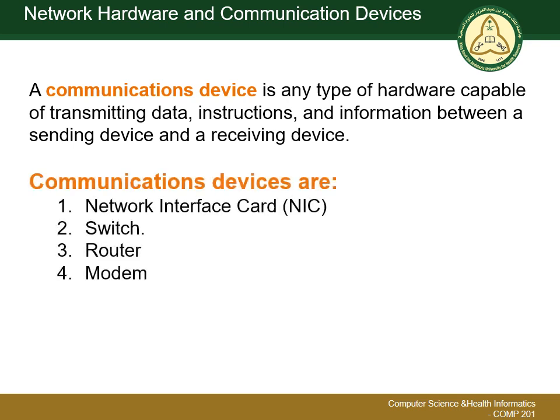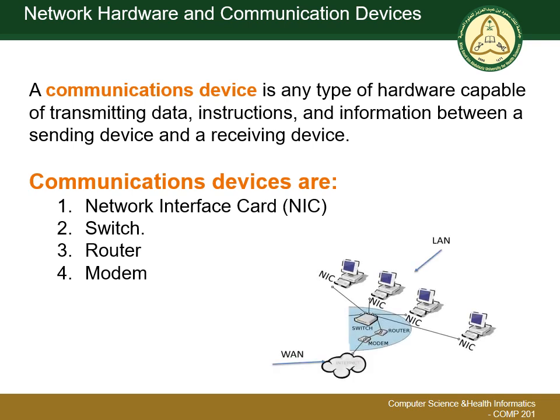Those communication devices could be a network interface card, or NIC card, a switch, a router, and a modem. Those are the 4 different communication devices. Let's talk about them one at a time. First of all, this can depict what we just mentioned.